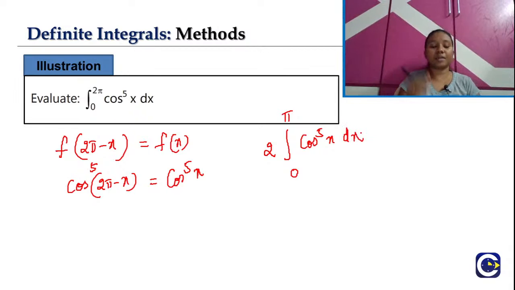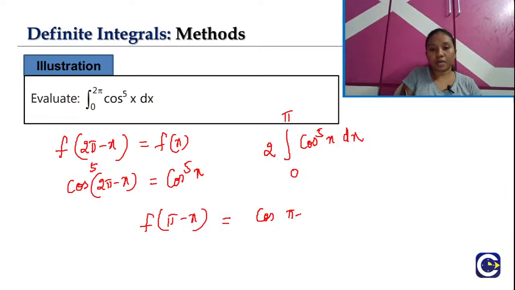Right. So the next step will be, we have to verify by substituting pi minus x, so that we can convert this into pi by 2 or not. So let's just verify. So we have to check f of pi minus x, that is equal to cos power 5 of pi minus x. So pi minus x will be in which quadrant?